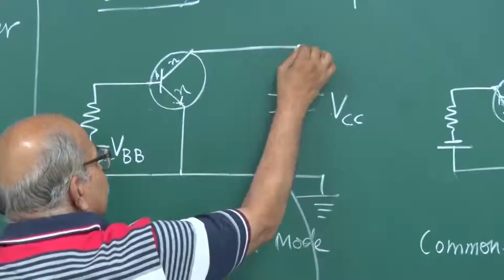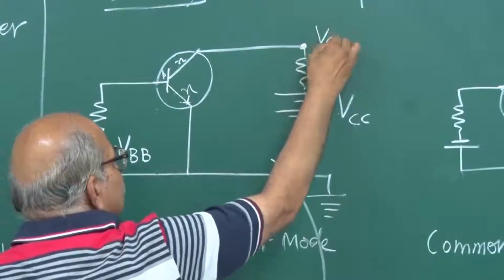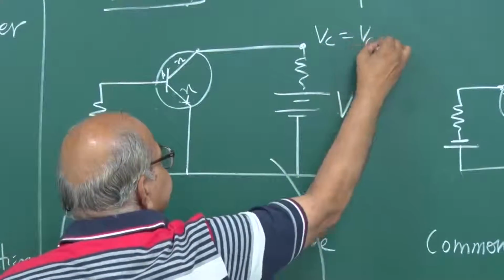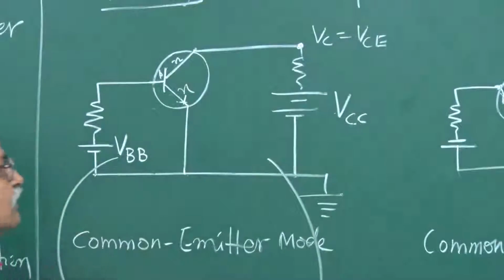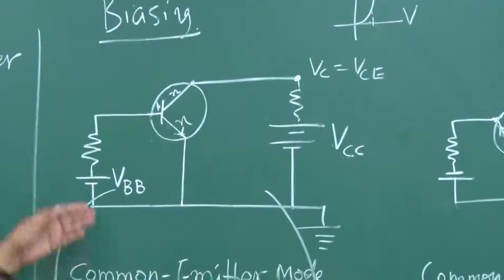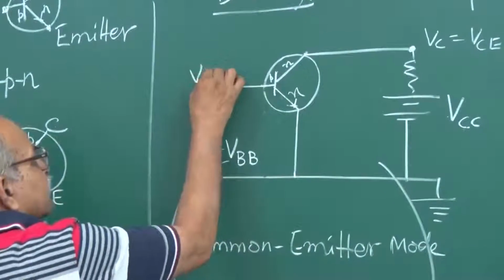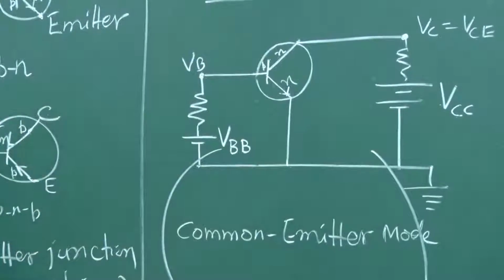So this potential as compared to this 0, that is VC, which is in fact the same as VCE. Normally people use this, and similarly VB will mean the potential here. So these are the kind of symbols.